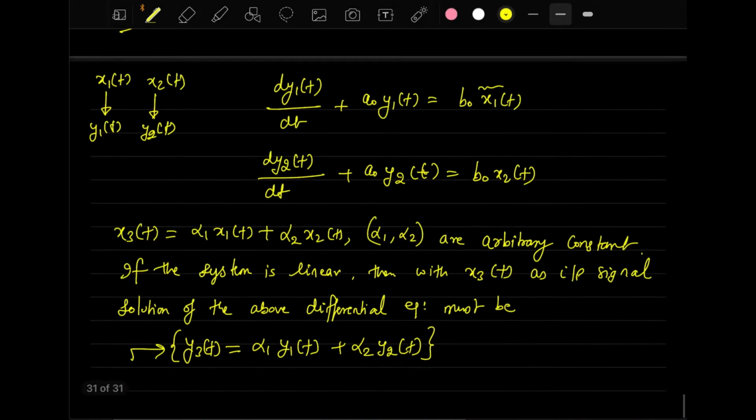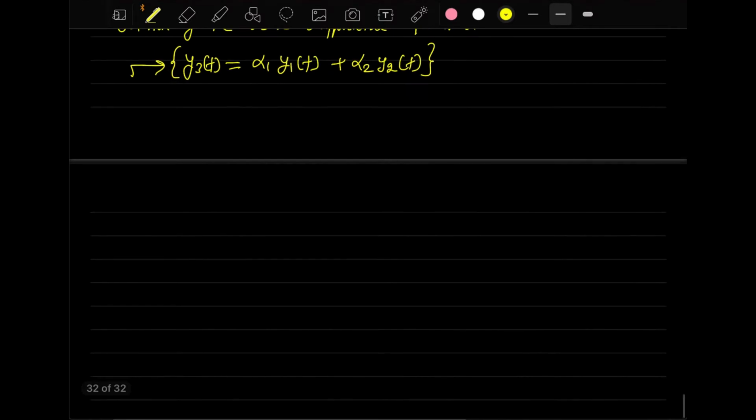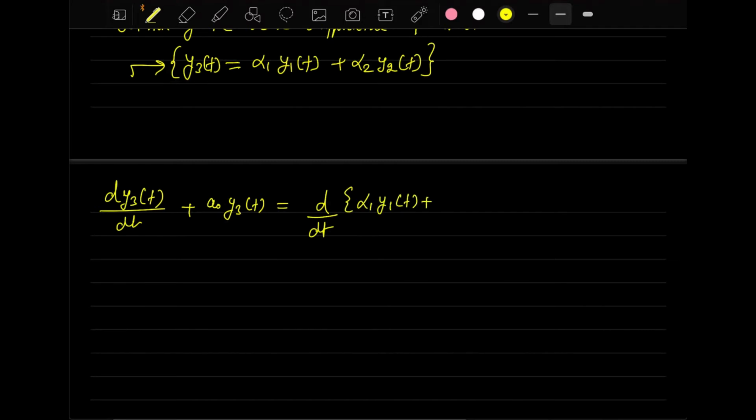Now if it is a solution, it satisfies the differential equation, so you can write dy3(t)/dt plus a0 y3(t), which is the left side of the differential equation given above. Then you substitute the values: d/dt of alpha 1 y1(t) plus alpha 2 y2(t), and then a0 times alpha 1 y1(t) plus alpha 2 y2(t).